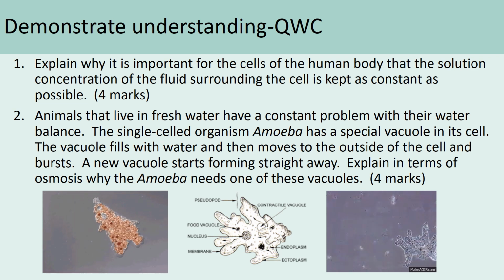So question number 1 says explain, so we need to have a because in that sentence, explain why it is important for the cells of the human body that the solution concentration of the fluid surrounding the cell is kept as constant as possible. So it's asking you to say why it's important that the concentration around our cells doesn't change. It's always staying at a constant level, the same level.